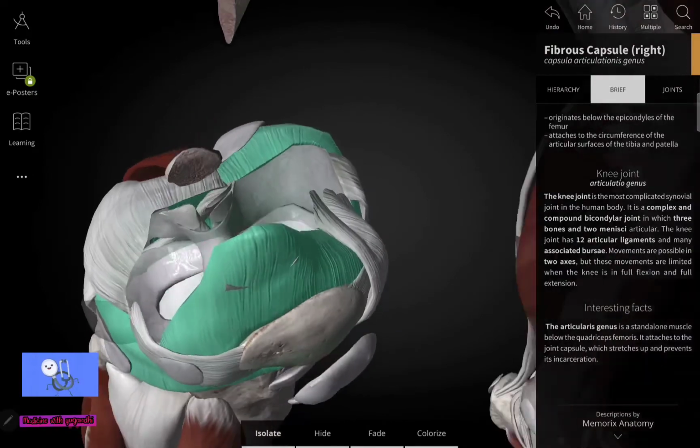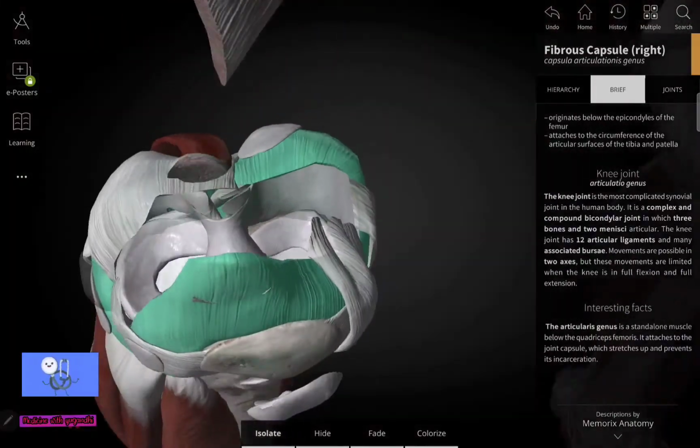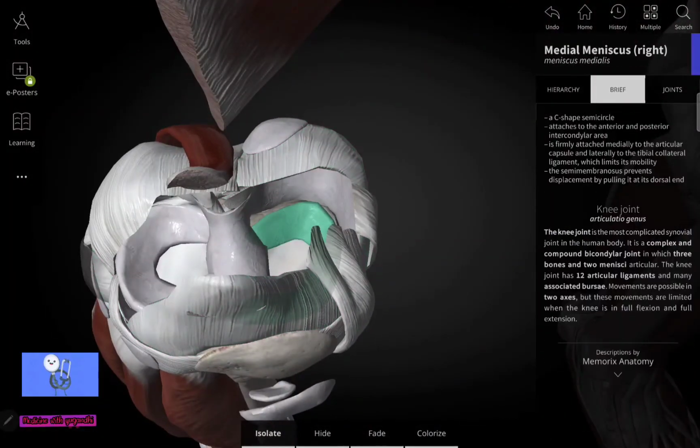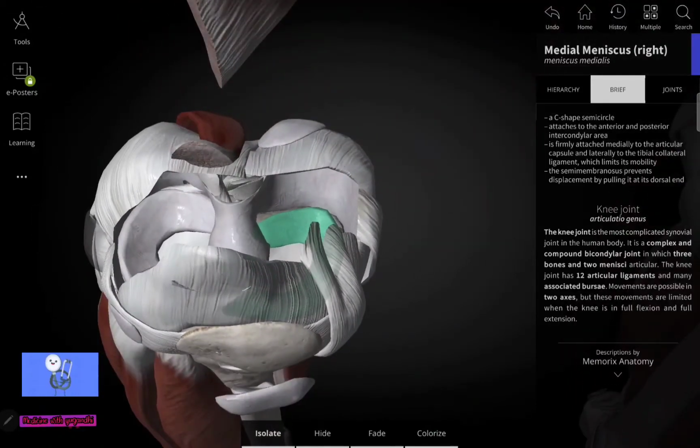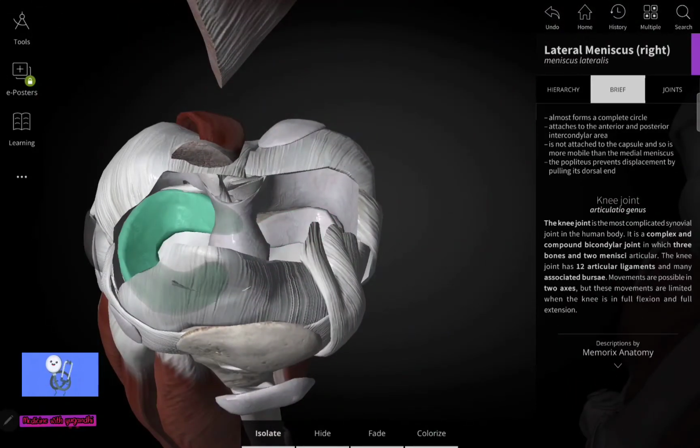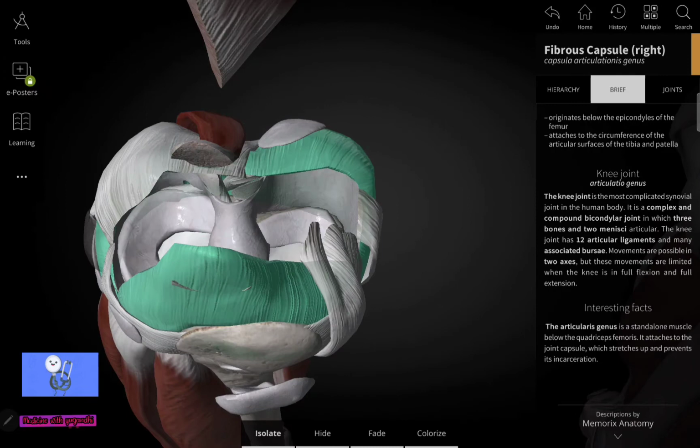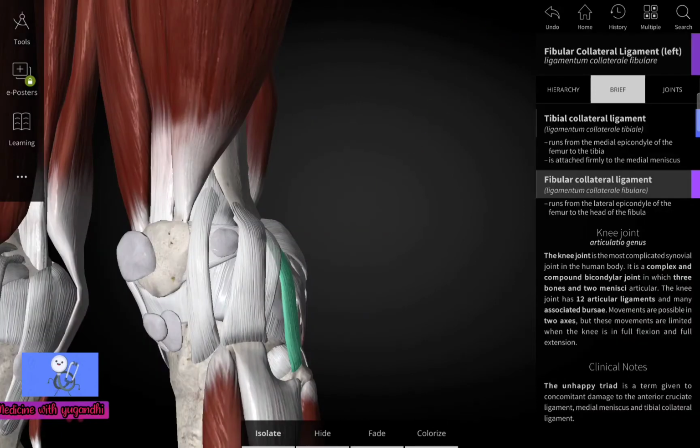Sometimes this fibrous capsule gets attached to the menisci. So here you can see the medial meniscus and the lateral meniscus. Sometimes this fibrous capsule gets attached to the margins of the menisci, and that ligament is sometimes called as the coronary ligament.